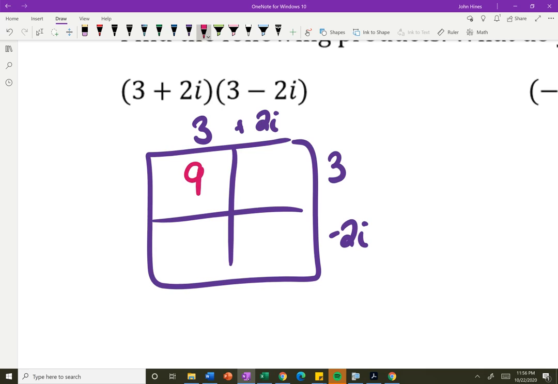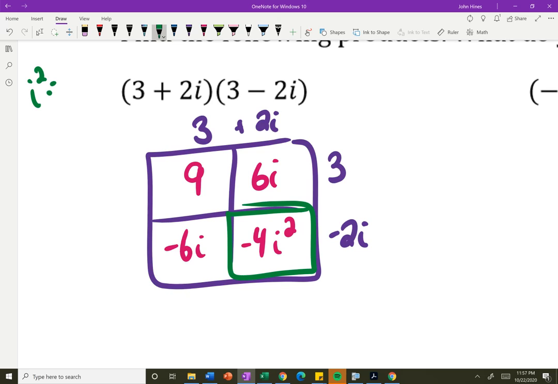So 3 times 3 is 9. 3 times 2 is 6i. 3 times negative 2 is negative 6i. And then careful here, 2 times negative 2 is negative 4i squared. So now that I have all those pieces, we've got to pause for a minute because I see an i squared here. And last time we were together, we learned that i squared is negative 1. It's this weird number.